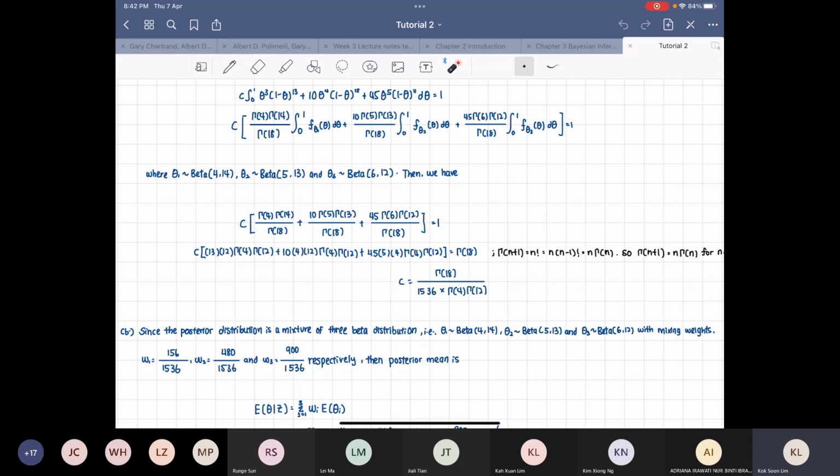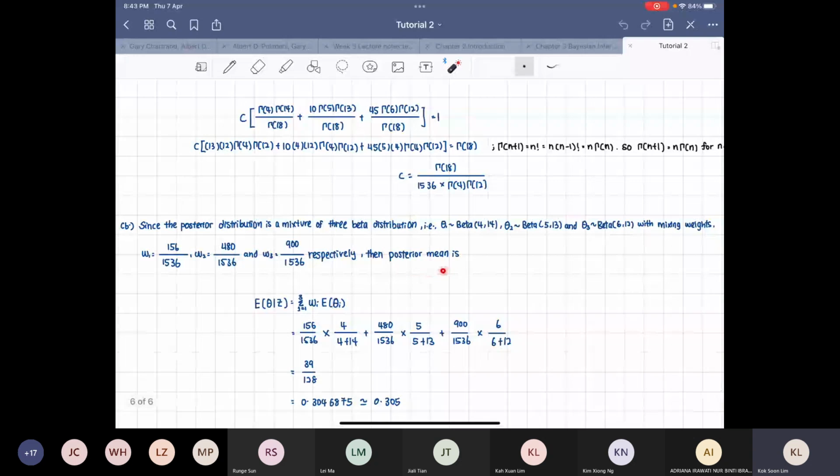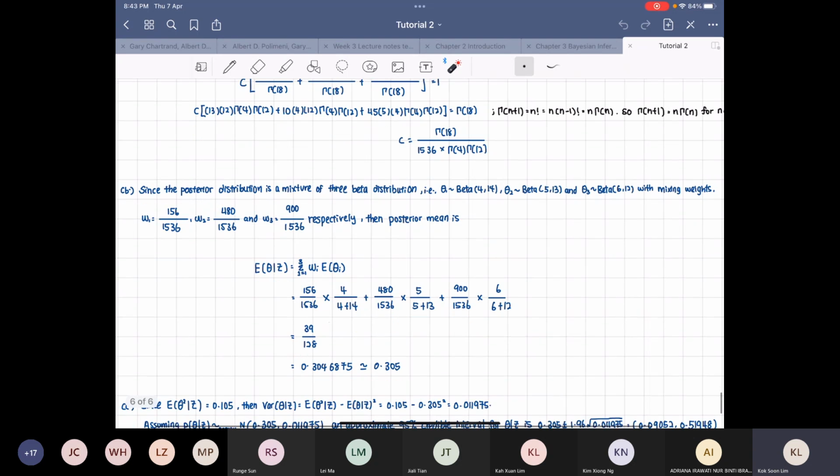If I'm not wrong, the posterior distribution is actually a mixture of 3 beta distributions: beta 4, 14, beta 5, 13, and beta 6, 12, with their respective mixing weights being these 3. Then if we want to find the posterior mean, we can use this formula. It can be proven, I just use it straight away.